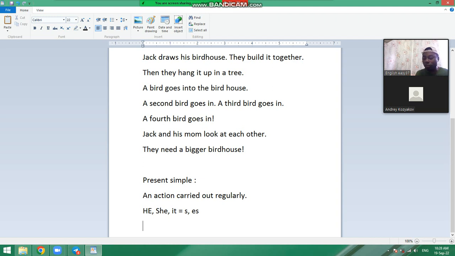Then if we have the name of a person, for example Alex, Olga, or Jack, these names will take the same endings, s or es, because they are names of people, and Alex can be replaced with the pronoun he, and Olga, which is a female name, can be replaced with the pronoun she.